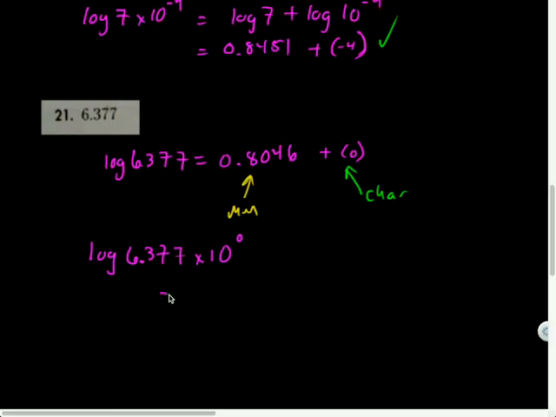So that would have just equaled log of 6.377 plus log of 10 to the 0. And I would have gotten 0.8046 plus 0, indicating that as well. So that is a good question, making sure we understand what the mantissa is.